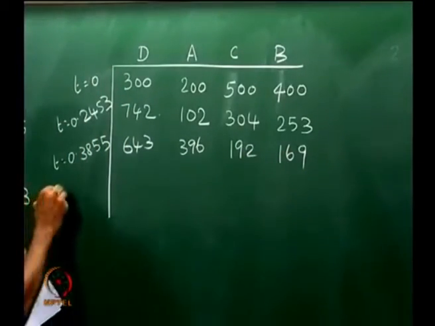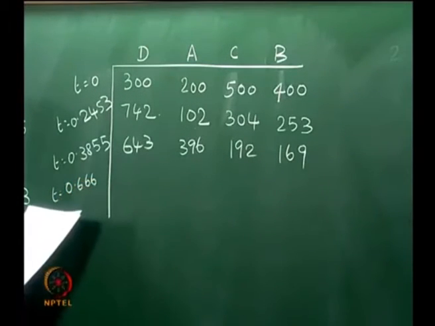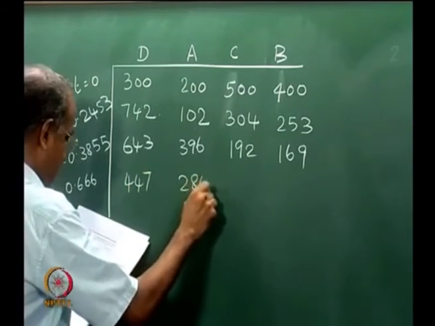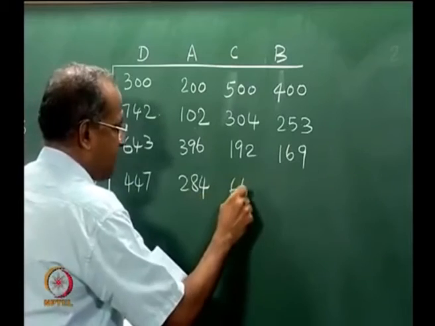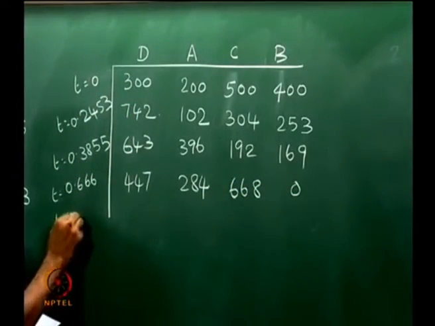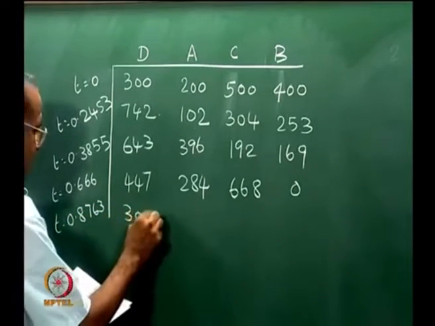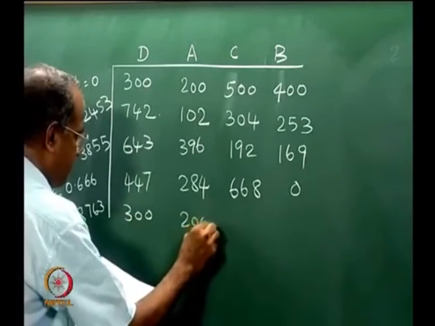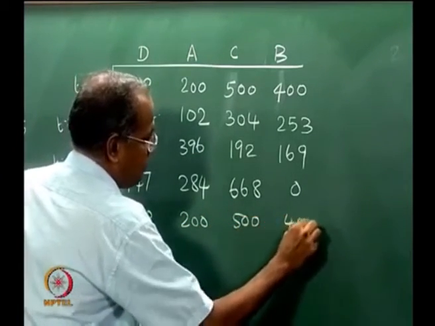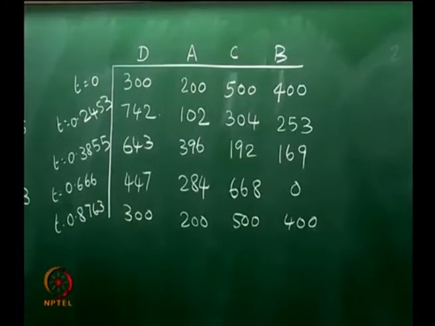Now, at time equal to 0.666, the inventories are 447 here, 284 here, 668 here and 0 here, and at t equal to 0.8763 we will get 300, 200, 500 and 400 again. Let me just show only one of these calculations.